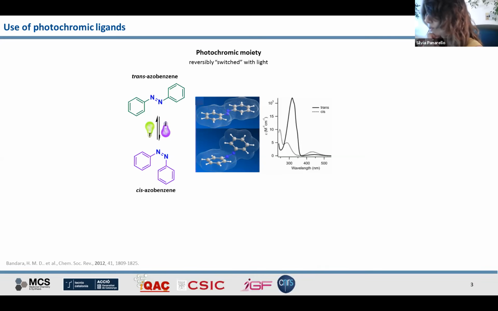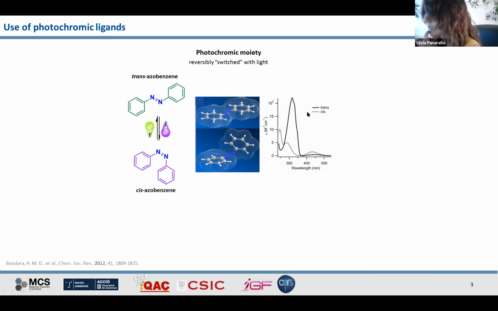This reverse process can also be achieved using visible light irradiation. Importantly, the two isomers show a marked difference in their shape and polarity, and therefore the light-induced isomerization will result in the switching of the properties of an azobenzene-modified drug, which may consequently change the drug's biological activity.